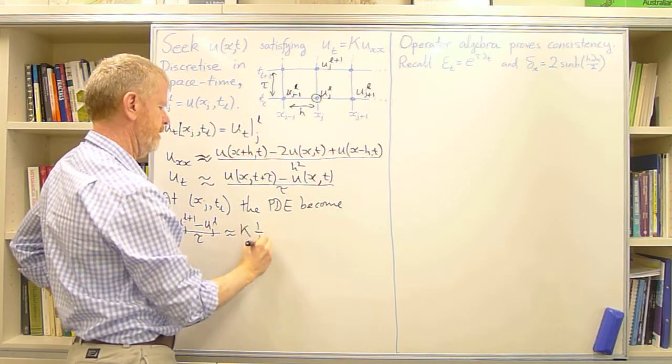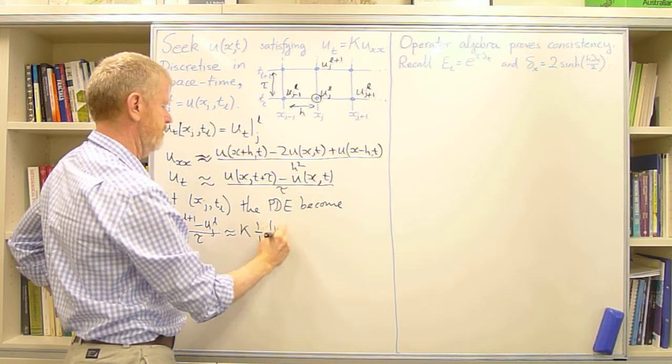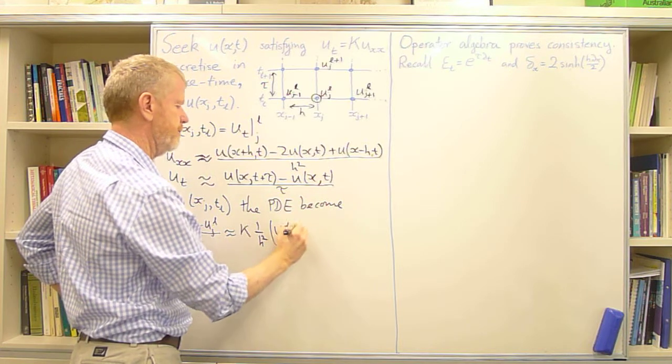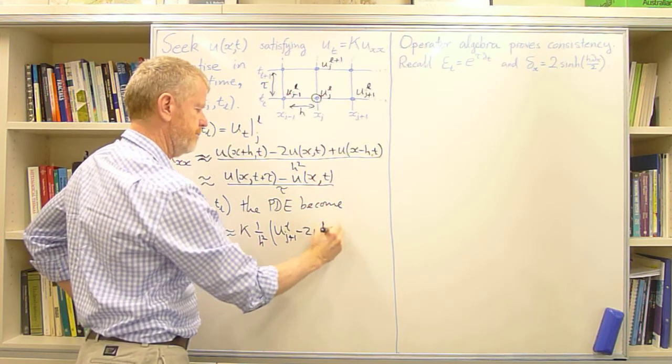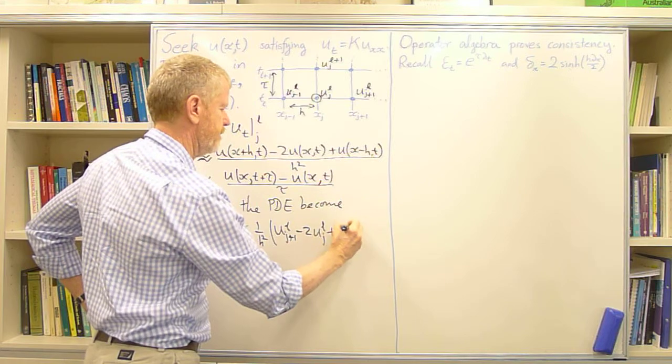So that'll be 1 over h squared into u j plus 1 l minus 2u j l plus u j minus 1 l.